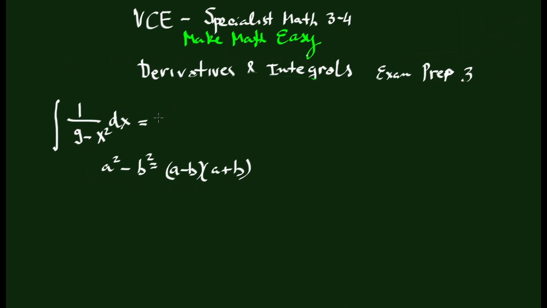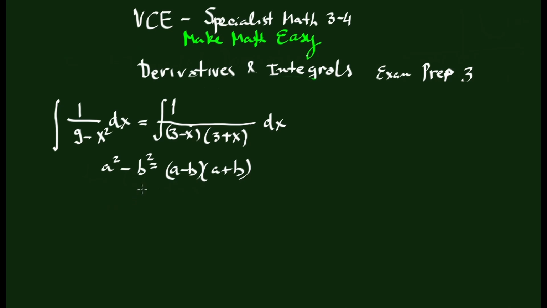So that becomes the integral of 1 over 3 minus x times 3 plus x dx. Because we can't do integrals with the multiplication, we can split them into 2.